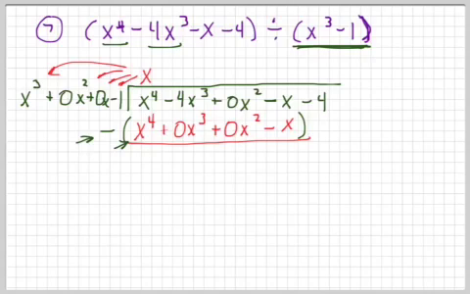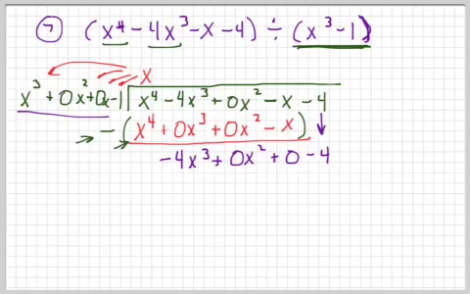I go negative 4x cubed minus 0 is just negative 4x cubed. And I go 0 minus 0 is 0x squared. And negative x minus negative x is also 0, because it's going to be negative x plus x. Then I bring down the negative 4.